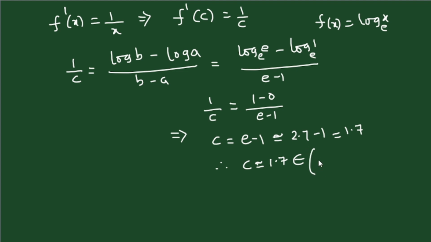This 1.7 lies between 1 and e, in the open interval. Between 1 and 2.7, you have 1.7. Therefore, Lagrange's mean value theorem is verified. It is verified to be true.